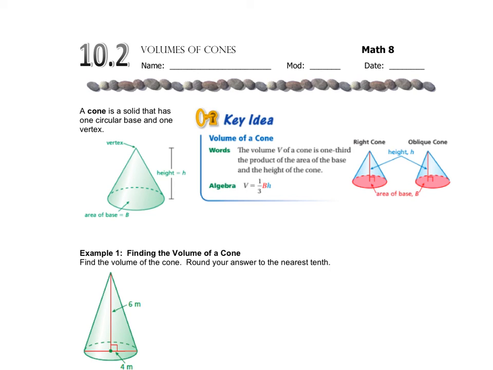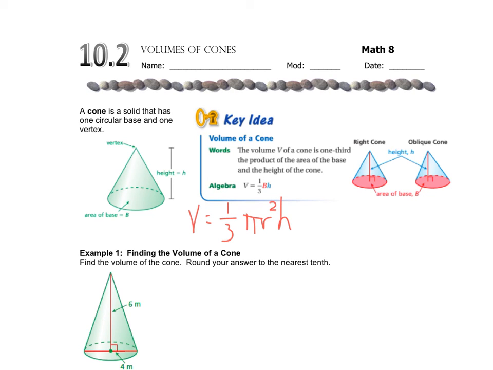So the other thing I want you to notice here is, we said yesterday, the better formula that we're going to be using is we're going to change, because the bases are still circles, that big B into the area of a circle formula, which is pi r squared, and then the h.